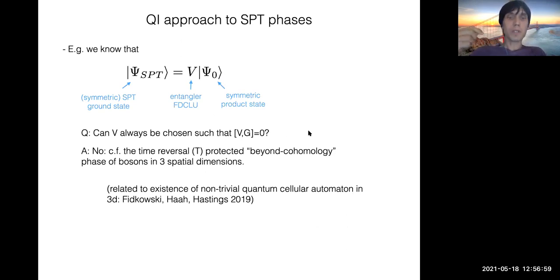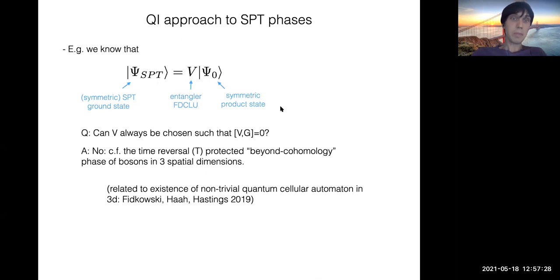One question that you can ask is, I know that I can't choose all the gates in the circuit B, this Entangler Circuit, to be symmetric, but can the circuit overall, just as an operator, be chosen to be symmetric? Can it commute with all the symmetry generators? It prepares one symmetric state by acting on another symmetric state, so maybe the whole thing can be chosen to be symmetric. This is a very interesting question to ask.